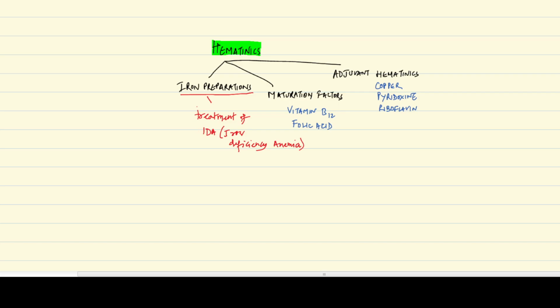So before these drugs are prescribed, one needs to address the underlying pathology, if any, for anemia. Okay?